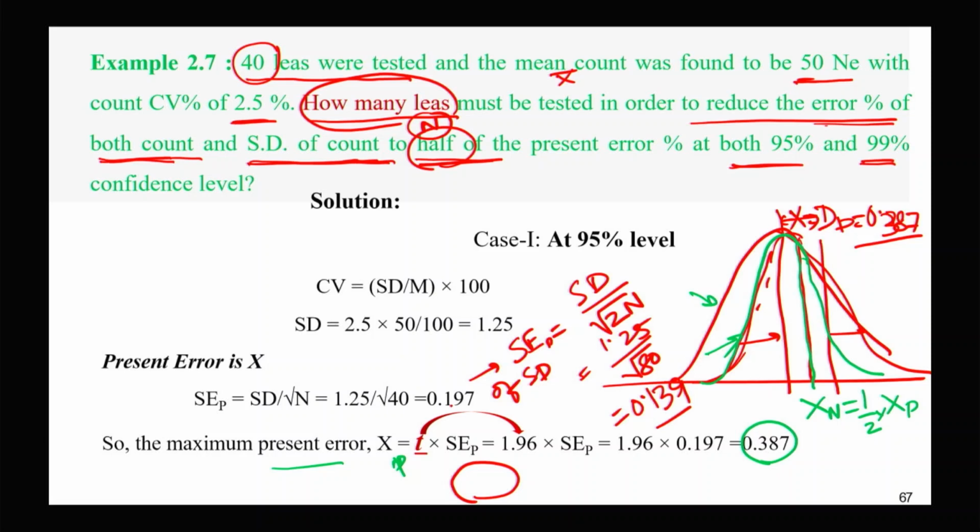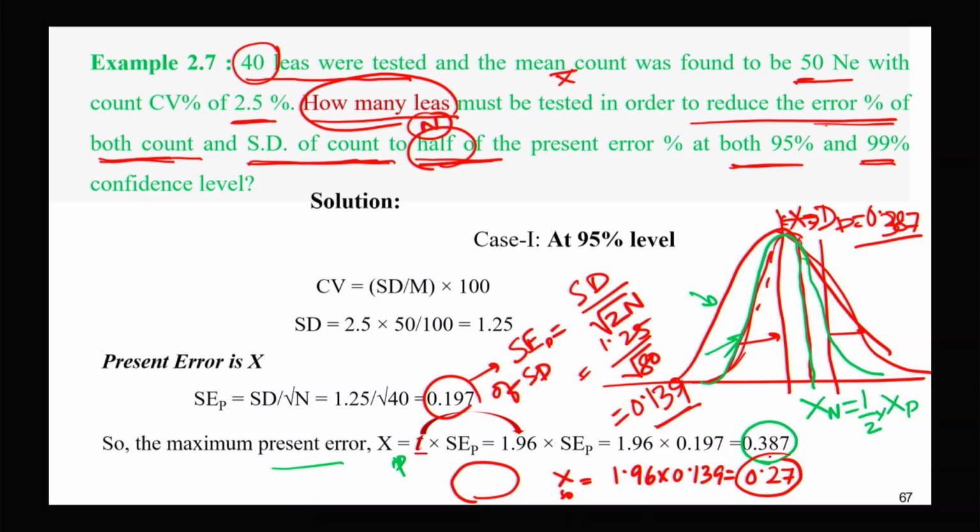So the standard error for mean was 0.197, and for standard deviation it's 0.139. Now the maximum error will again be, for standard deviation, 1.96 multiplied by 0.139, which is 0.27.